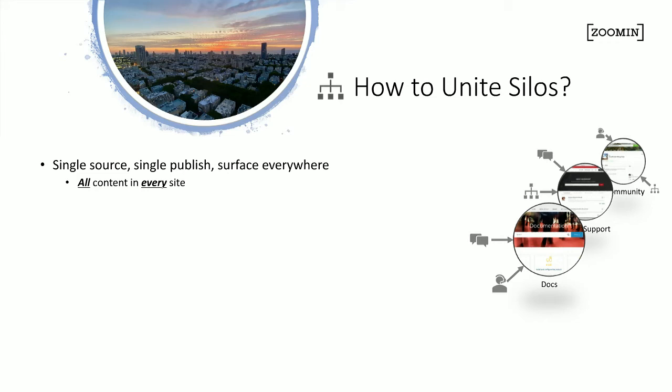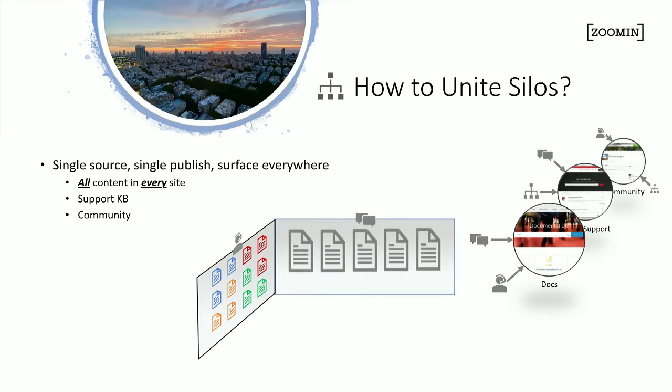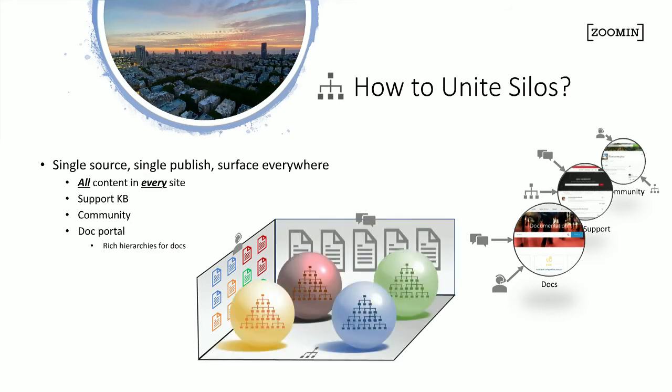Another way of doing it is, like we showed before, this whole idea that each site would have its own version of everything, okay? So how would we do that? Well, you could have the support content, the KBs, you would have your community content, and your documentation content with all of its rich hierarchies all in the same place, okay?